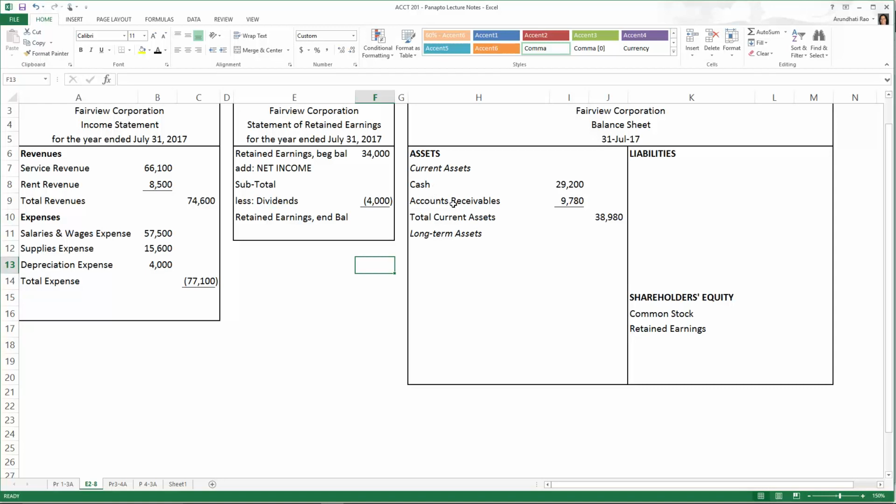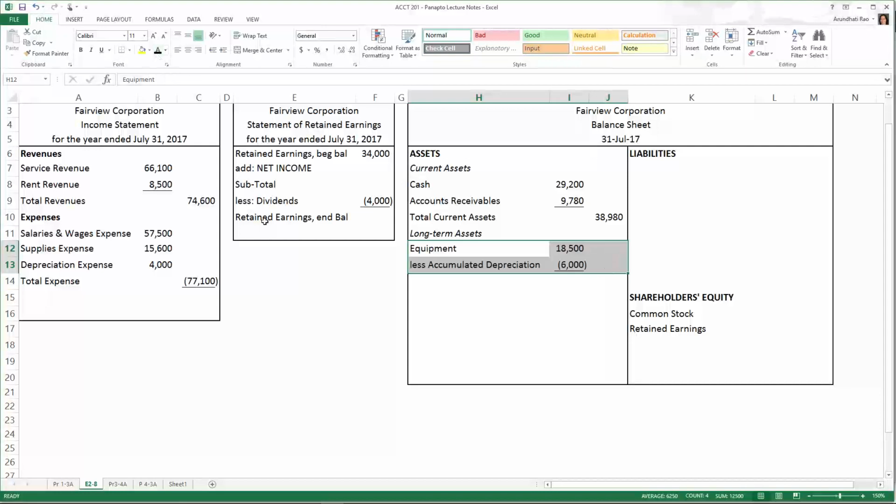I have cash and accounts receivable, which are my current assets. My long-term asset, I had one, equipment. Accumulated depreciation is a contra equipment account, which means it has to reduce. That's why I put that number in parentheses.